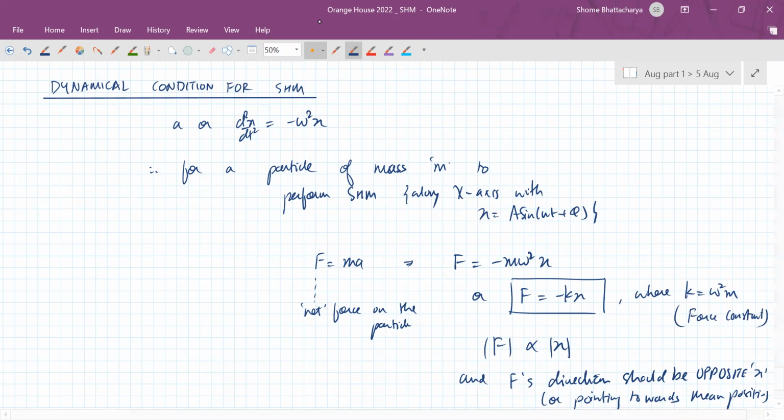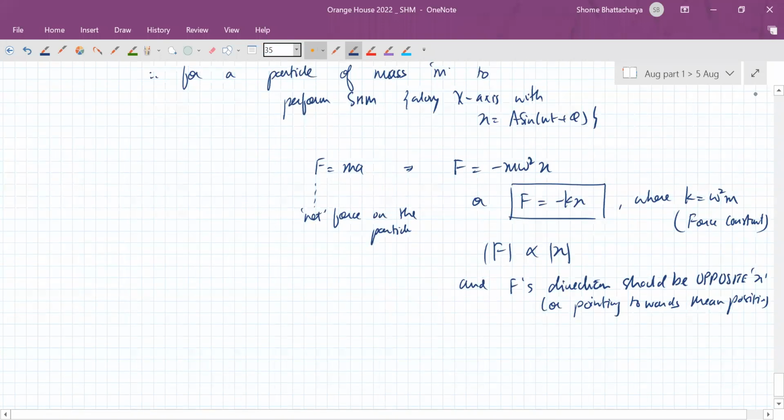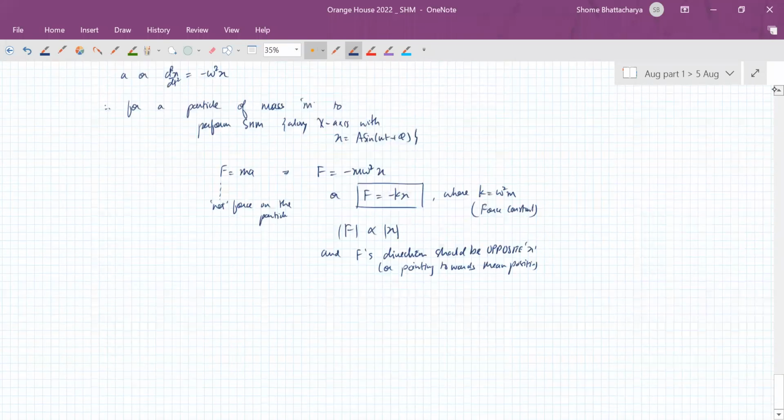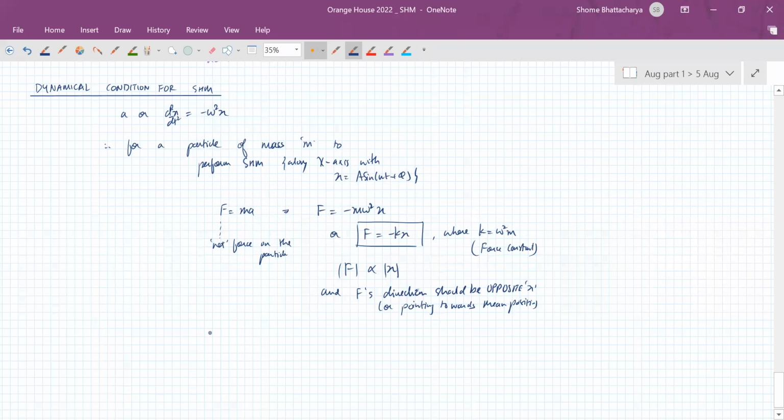In the technical language of SHM, we say that this is a restorative force because it always points towards the mean position. It's a restorative force which is proportional to displacement. This term F is equal to minus kx. Restorative means it's always pointing towards the mean position. So it's a restorative force proportional to displacement.